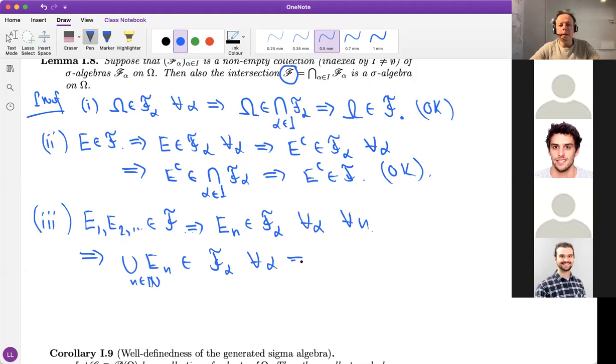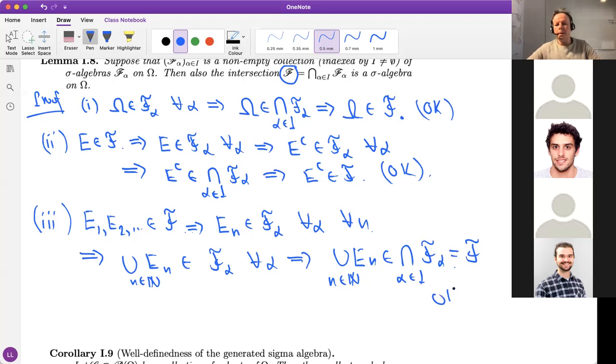Because it's true for every alpha, it's also true for the intersection of these collections F alpha, alpha in I. And that is F, so that means that the union is in F as well. So the third property is okay as well.